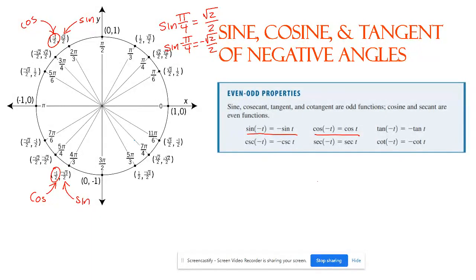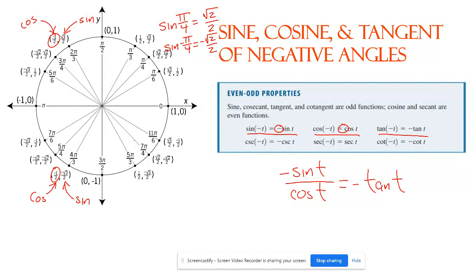Tangent follows sine. So remember, tangent is sine over cosine. So here's the thing, if you look at sine of the negative angle, you made that negative. Cosine of the negative angle, that stays positive. And if you do sine over cosine, with what we've already found, you have negative over positive, and negative over positive always gives us a negative.